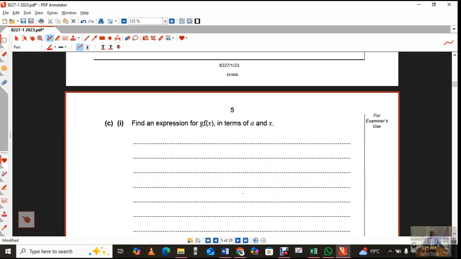Then they say find an expression. So it's compound. Let's just see what f of x was again. f of x was 4 all over 5 minus 2x, and then g of x was equal to 3x plus a.